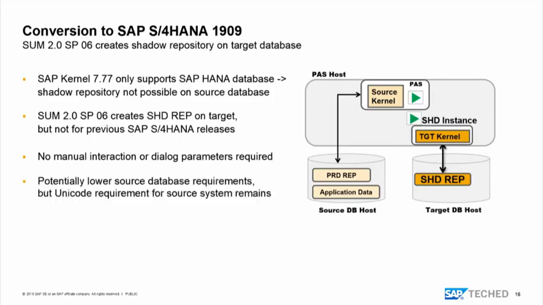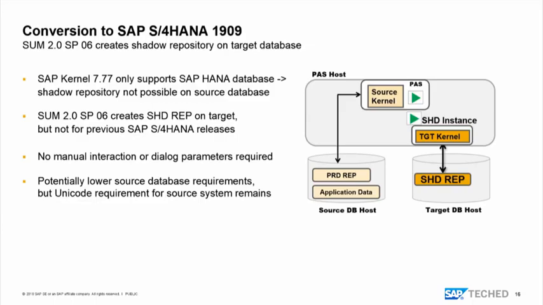Now, there are some cases where we have lower source database requirements. Again, if we target 1909, the shadow repository is not created on the source database, so we have fewer requirements on the level of the source database. One example is Oracle. If you have Oracle 11.1 and you're targeting 1809, you first have to update your Oracle to 12.1 to do the conversion.